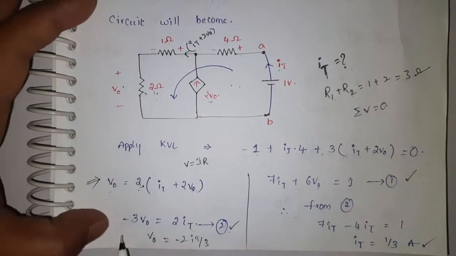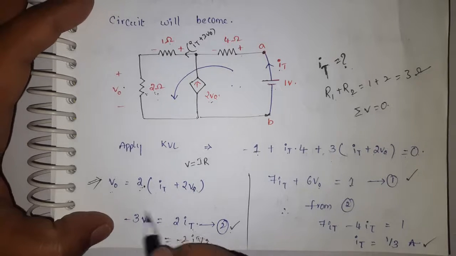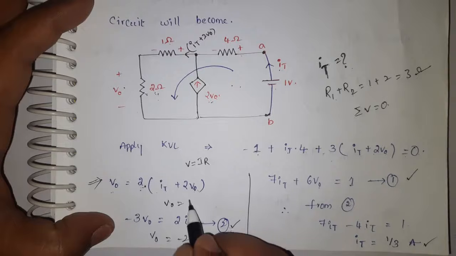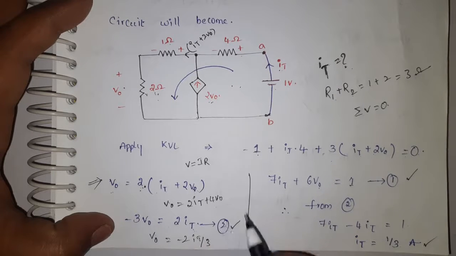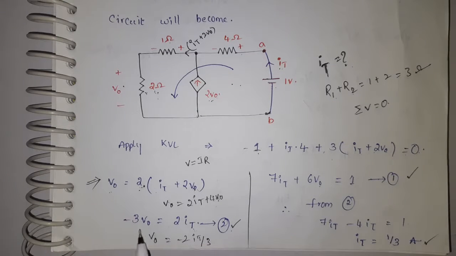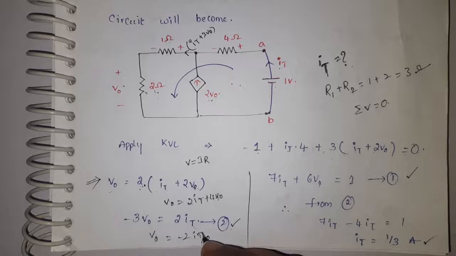So when we solve that, V0 will be 2IT plus 4V0. When we take this 4V0 to the left side, minus 3V0 equal to 2IT. V0 is equal to minus 2 into IT by 3.